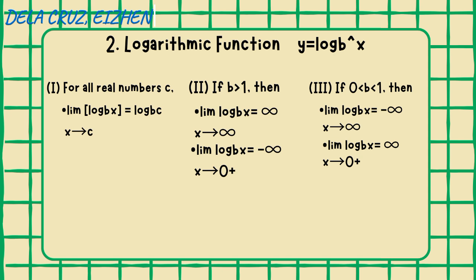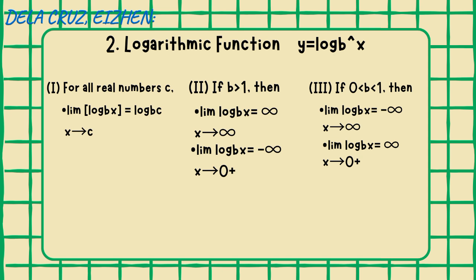Logarithmic function. y equals log base b of x. For all real numbers c, the limit of log base b of x as x approaches c is log base b of c. If b is greater than 1, the limit of log base b of x as x approaches infinity is infinity.